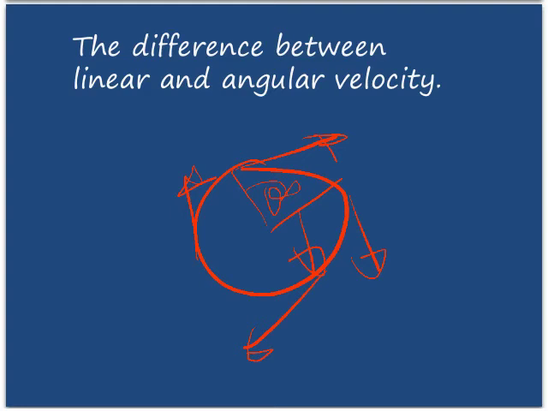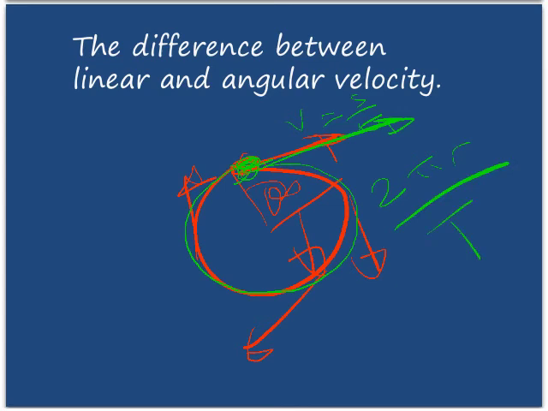So if we had the object here, let's say we had the object here, and we released it, it will head off with a linear velocity which can be given by displacement over time. Or you could think about it covers this much displacement, which is the circumference, 2 pi r, in a time of t. And so that will be a linear velocity.